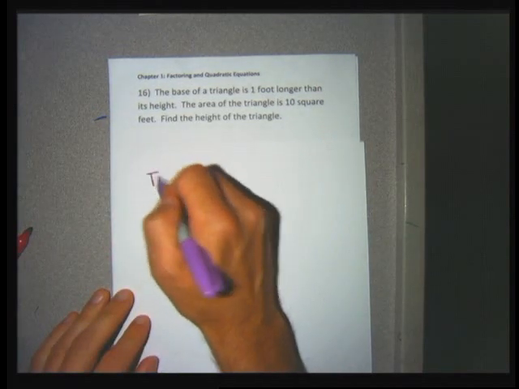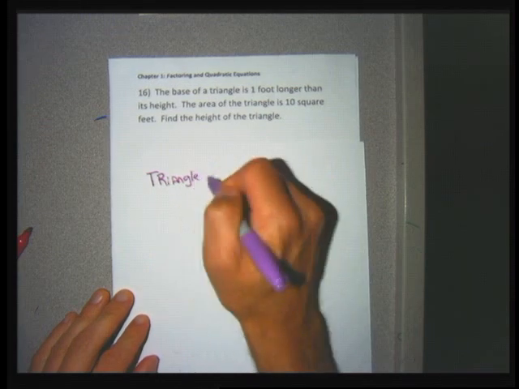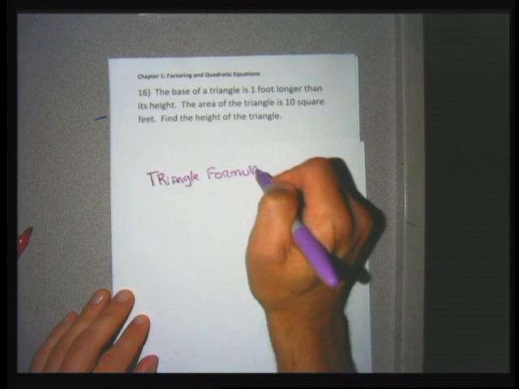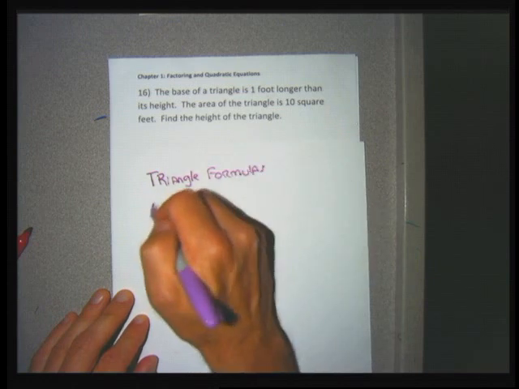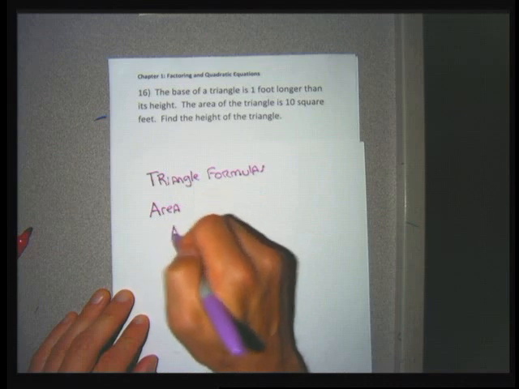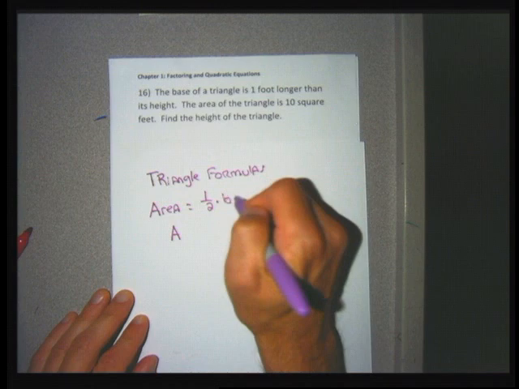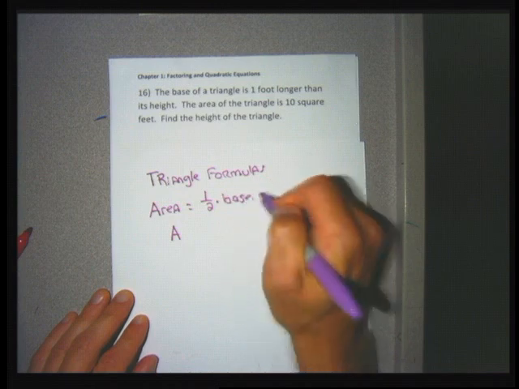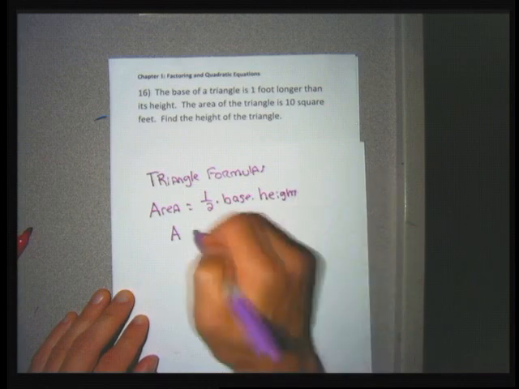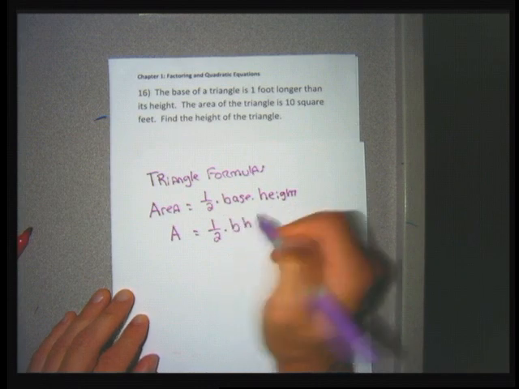So for triangle formulas that I'm going to need to deal with these word problems, one is the area formula. And the area of any triangle is 1/2 the length of the base times the length of the height. So usually symbolically we say 1/2 base times height.